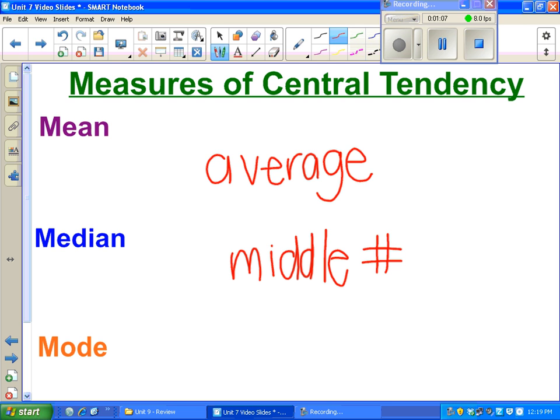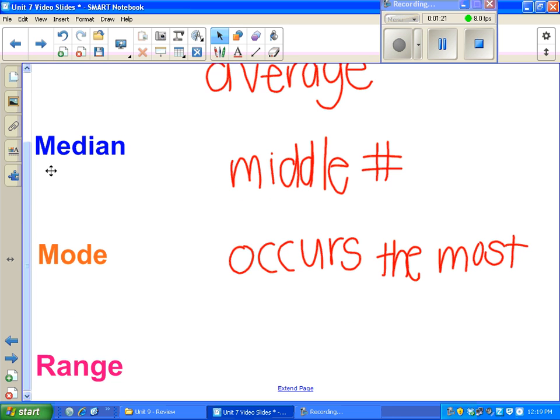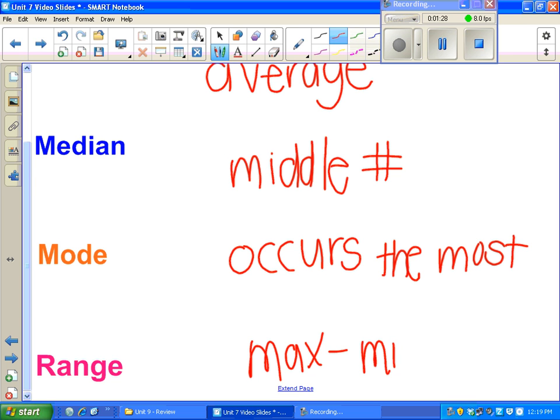The mode is the number that occurs the most. So whichever one repeats, sometimes you might have no mode. So if there aren't any repeats, you have no mode. Or if there's a number or several numbers that repeat the same number of times, we can have a few different modes. And the range, of course, is the maximum number, so your highest number, minus your minimum number or your lowest number.